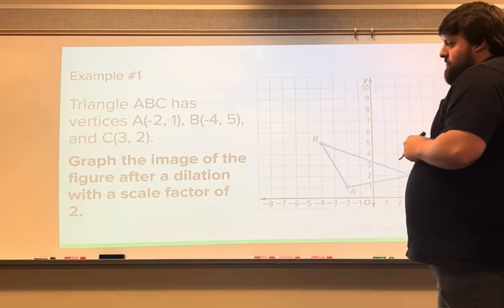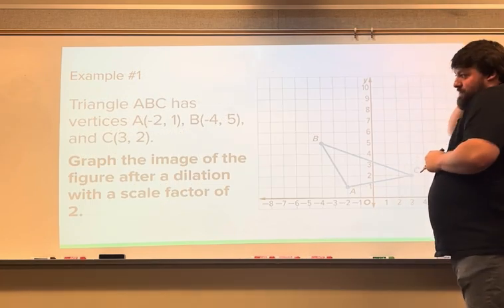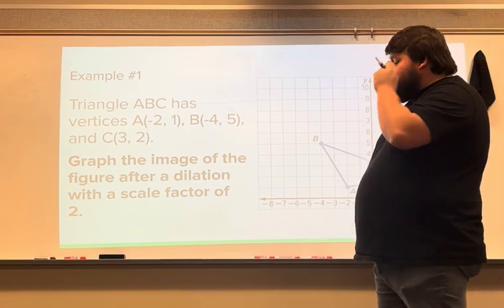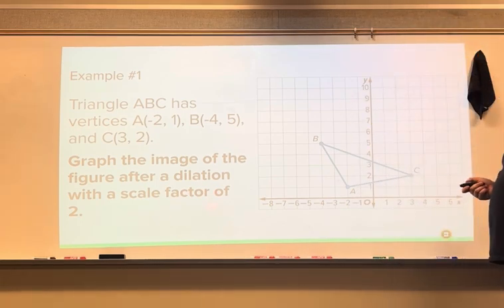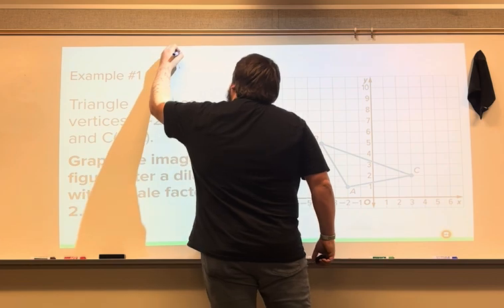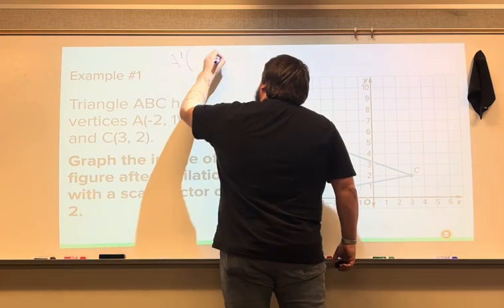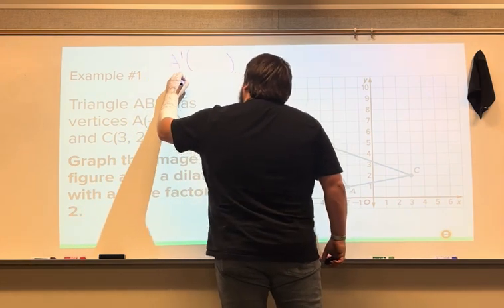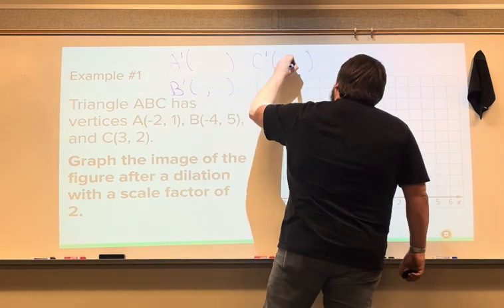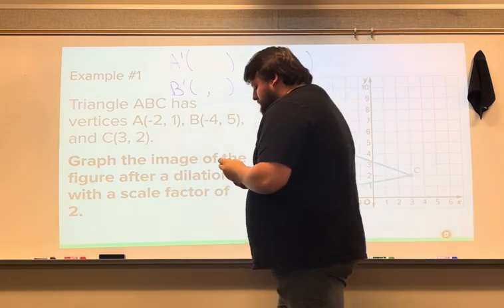So here, triangle ABC has vertices A is -2, 1, B is -4, 5, C is 3, 2. We need to graph the image of the figure after a dilation with a scale factor of 2. So we have A prime, B prime, and C prime, okay?